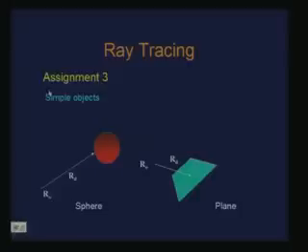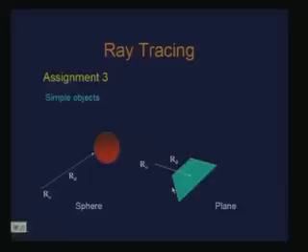Now, as far as the objects are concerned, I mentioned that you consider basically spheres and planes. So you need to write the intersection routine for sphere and plane. With plane, I mean it is a finite plane. There are extents of the plane.